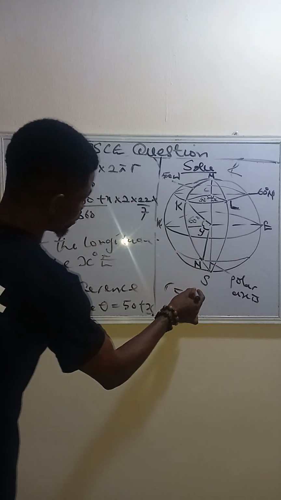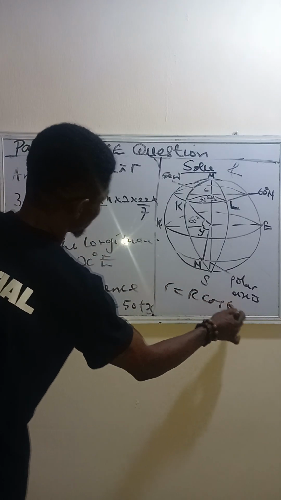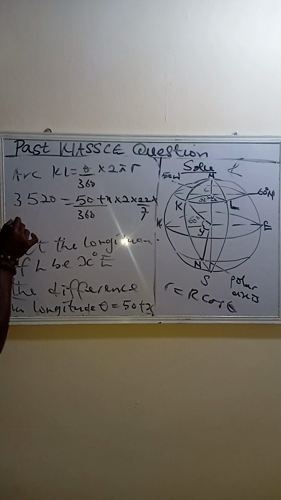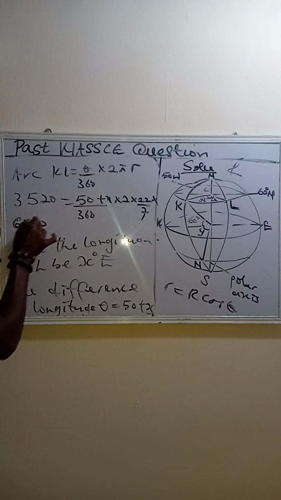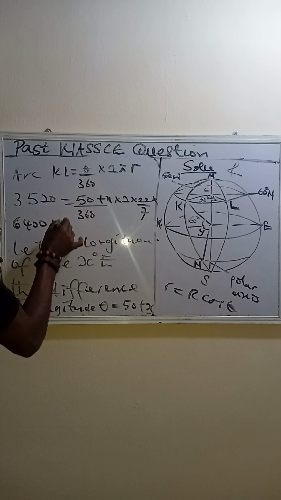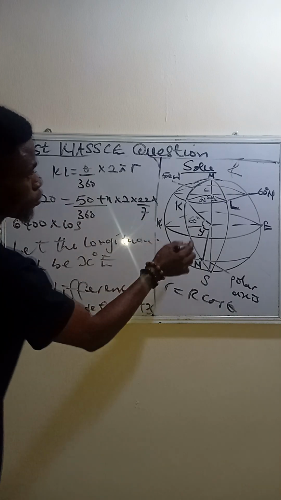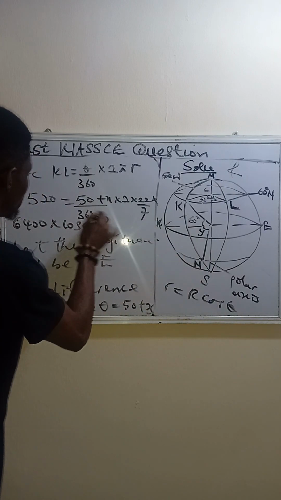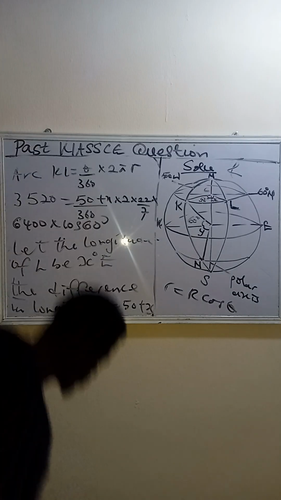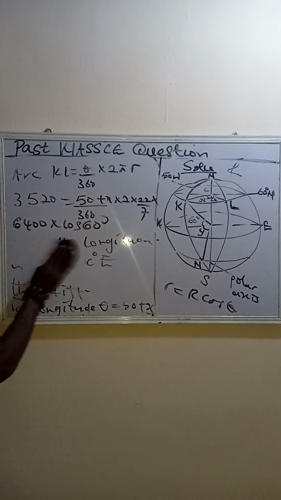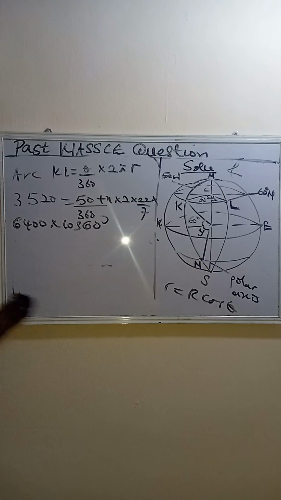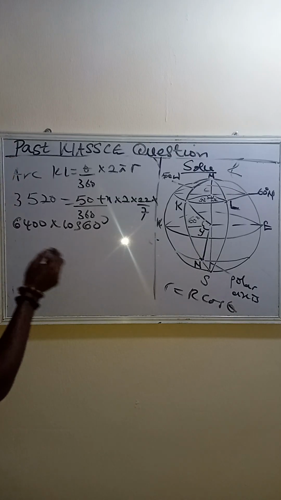Our r is R cos theta. So we have times 6,400, times cos 60 degrees.